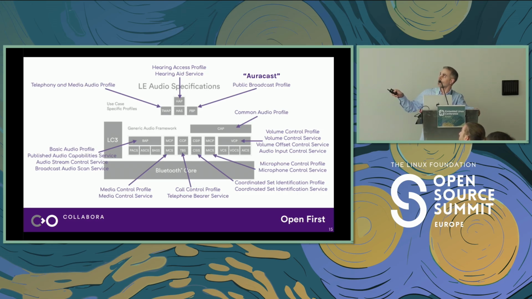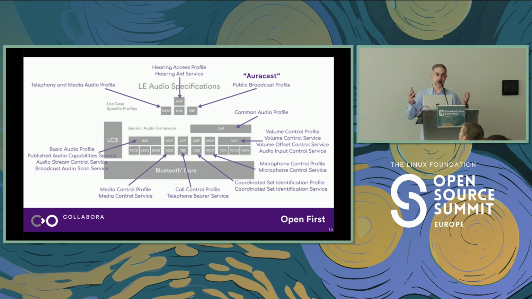We have the Volume Control Profile, which defines volume controls for outputs, basically. We have the Microphone Control Profile, which is a single option, mute and unmute for your microphone, if your device has a microphone. We have the Coordinated Set Identification Profile, which is used to figure out what's going on with coordinated devices.